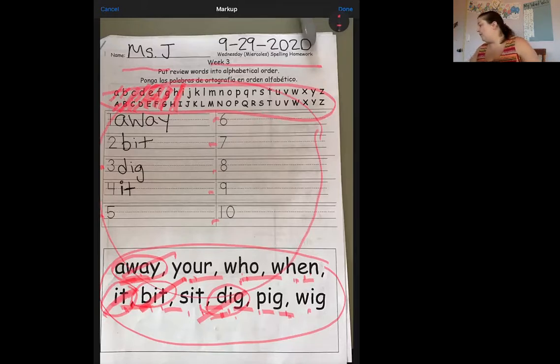So just so you remember, you're putting this on Seesaw when it's done, and you're putting up your block worksheets. So 2 pages today. Okay, the alphabetical order, ordenar las palabras, ordenar alfabéticamente las palabras, and the blocks. All right, good job.